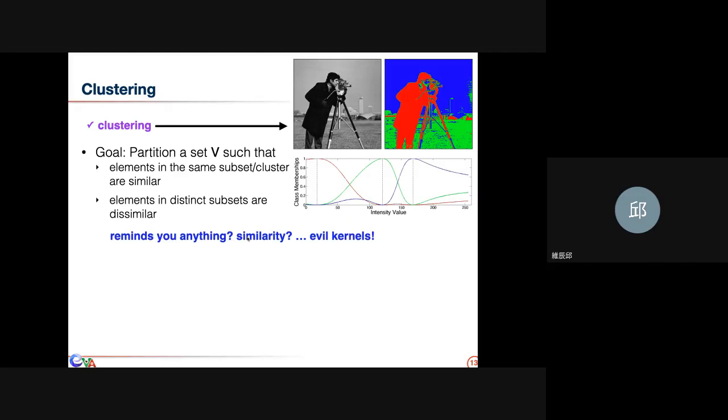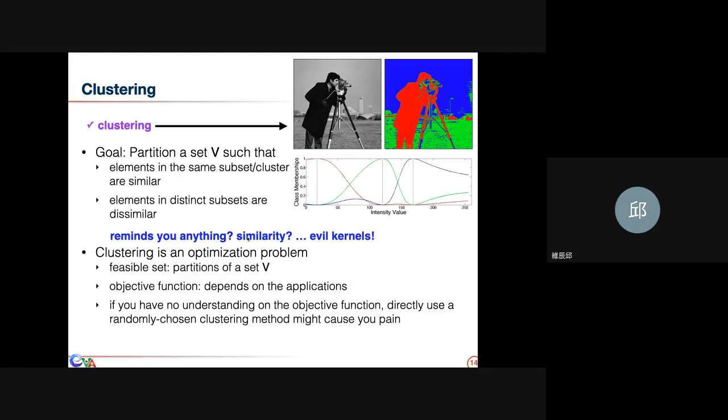You need to first define the similarity, then you can perform the clustering. And if you think of the similarity, if you are now trying to use the inner product as your similarity measure in the feature space, I hope you can still remember this is related to kernel, right?